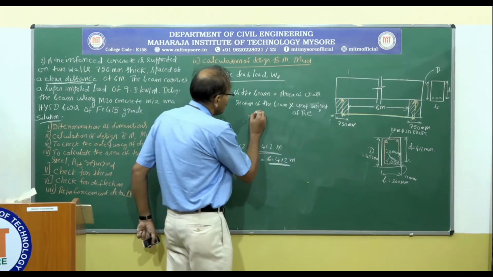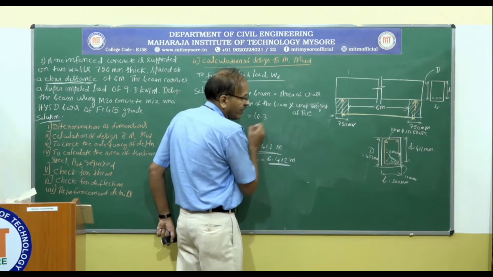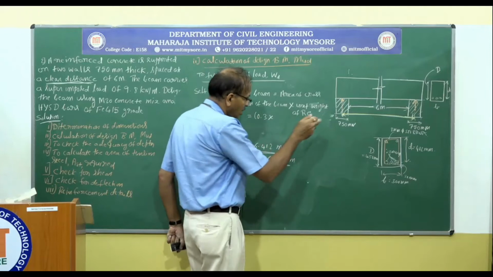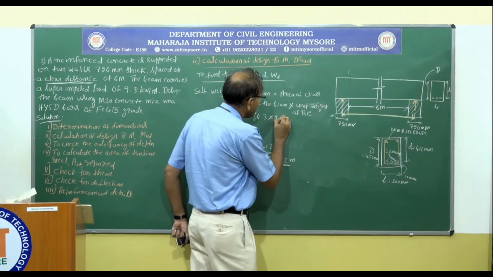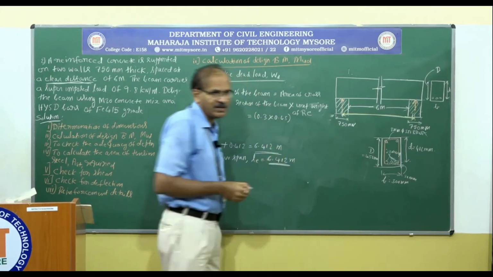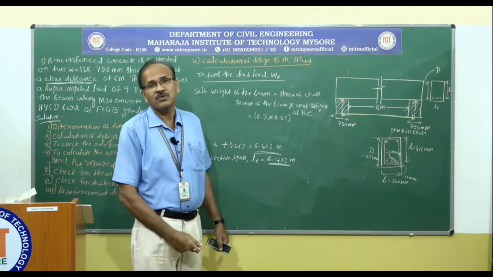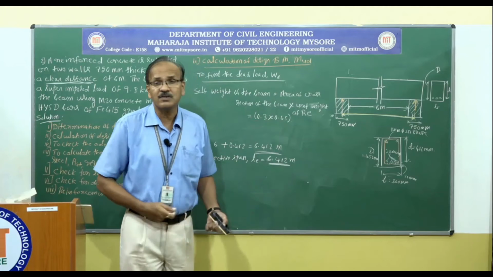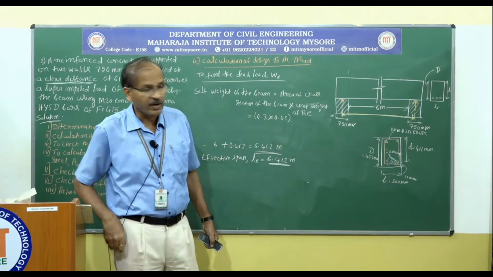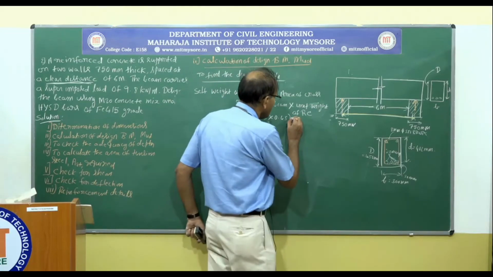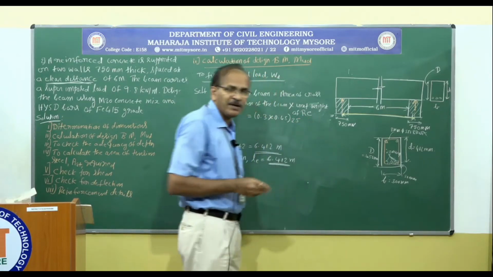So I am going to find out the area of cross section, that is 0.3 meter multiplied by 0.45 meter. So I am converting everything into meter, so that I am going to get the area of cross section in terms of meter square. So what is the unit weight of RC? That is 25 kilonewton per meter cube.